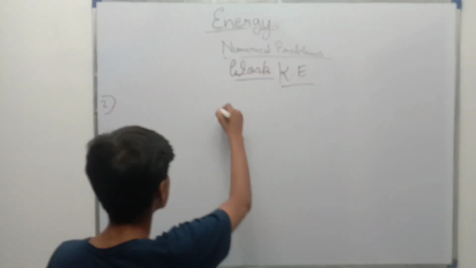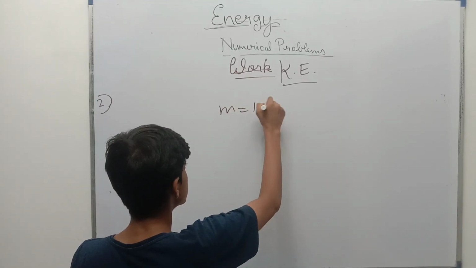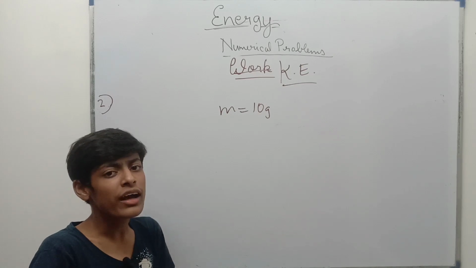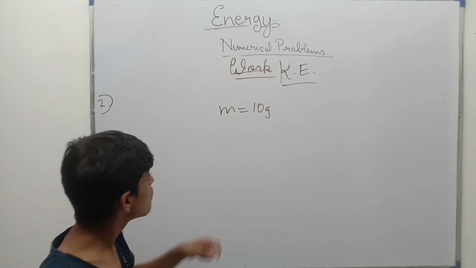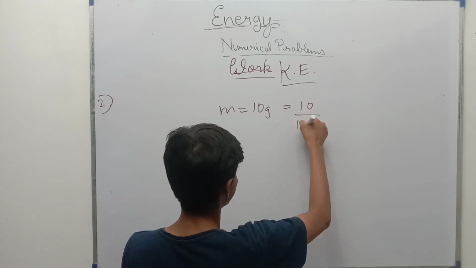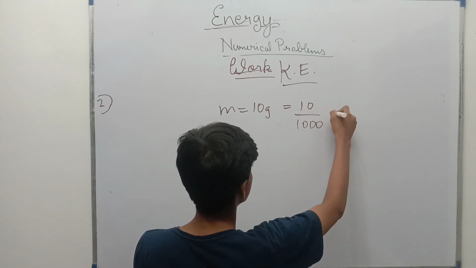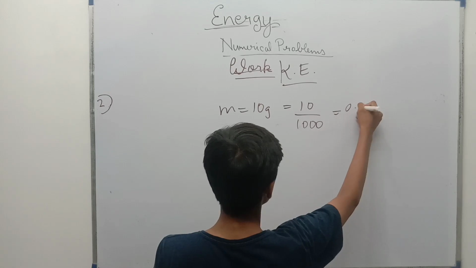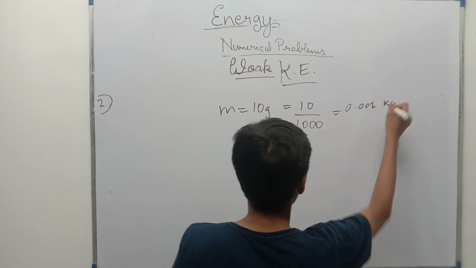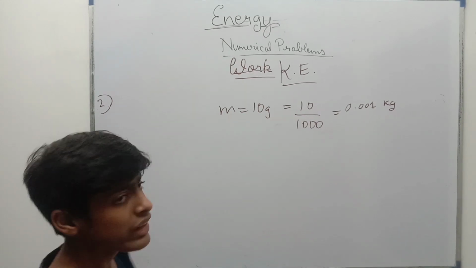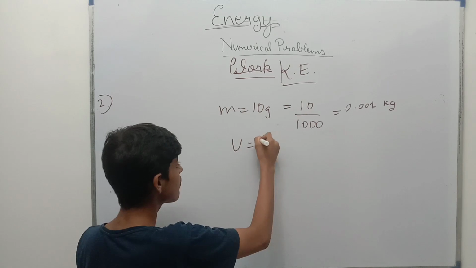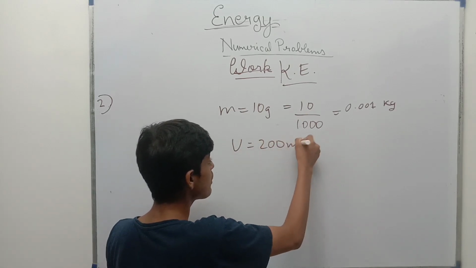Now in this case mass is given as 10 gram, but we have to find it in SI unit, and gram is not the SI unit of mass, it is kg. So we divide by 1000, and from here we get 0.001 kg, and velocity is given as 200 meter per second.